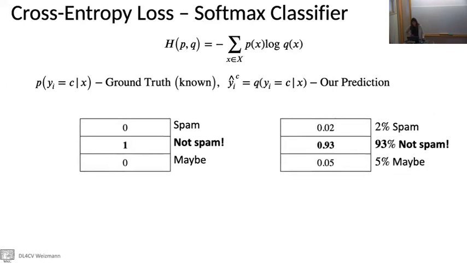And as we saw before from the examples, on the right this is the prediction: 2%, 93%, and 5%. And on the left we are noting what the ground truth probability is going to look like. Another term people use for this type of vector is a one-hot vector.